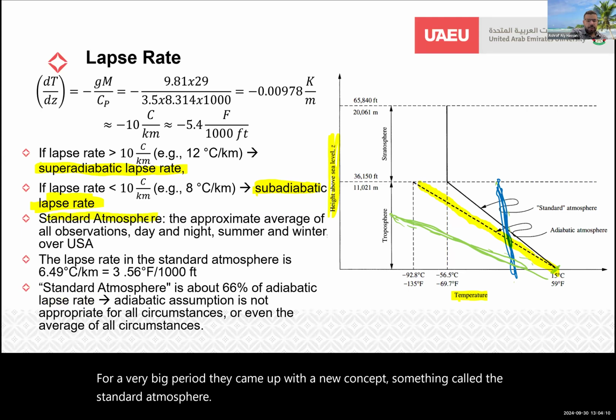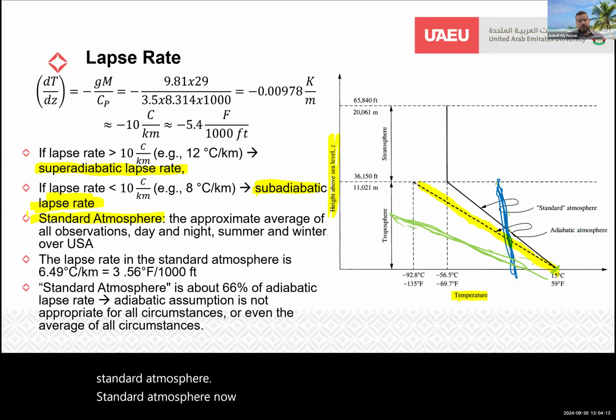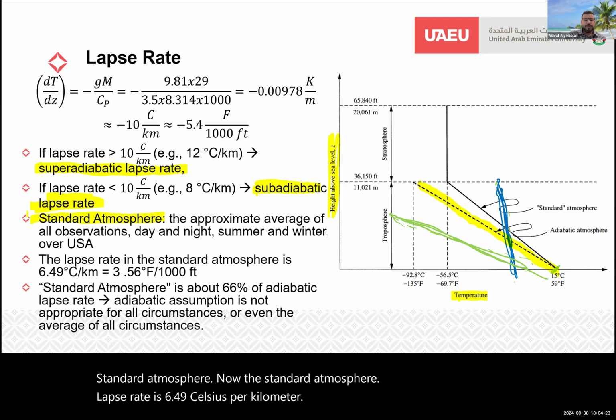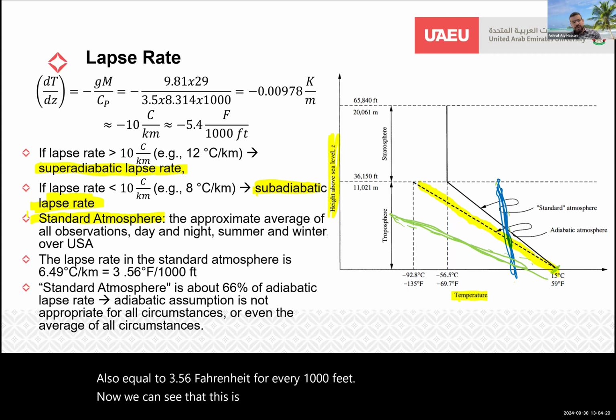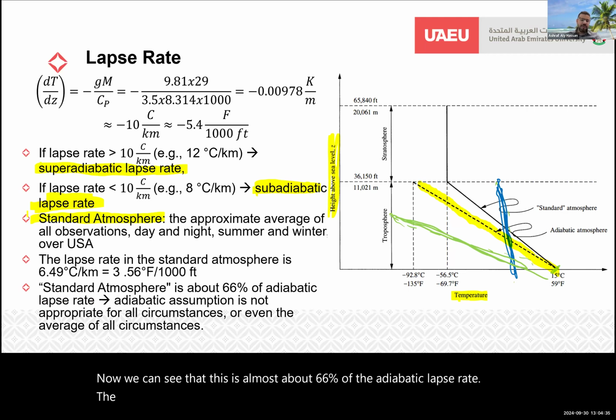The standard atmosphere lapse rate is 6.49 Celsius per kilometer, also equal to 3.56 Fahrenheit for every 1,000 feet. This is about 66% of the adiabatic lapse rate.